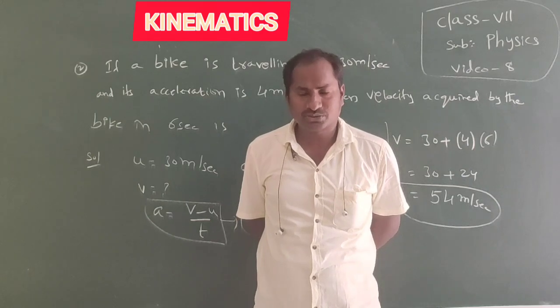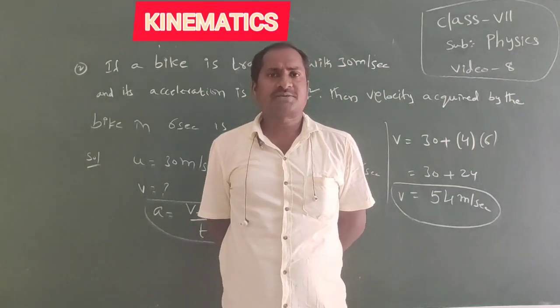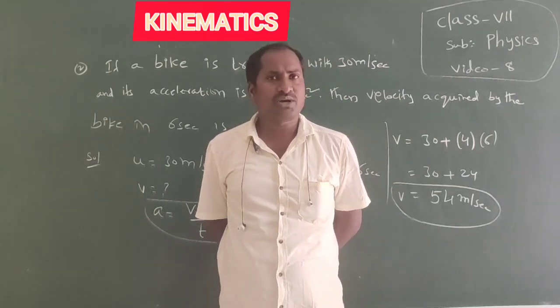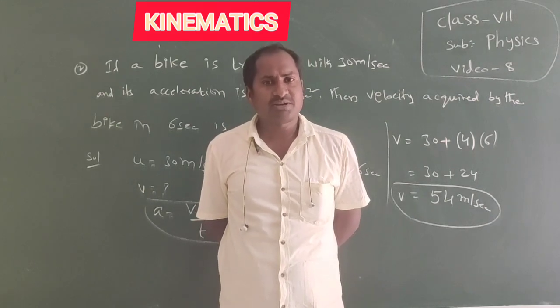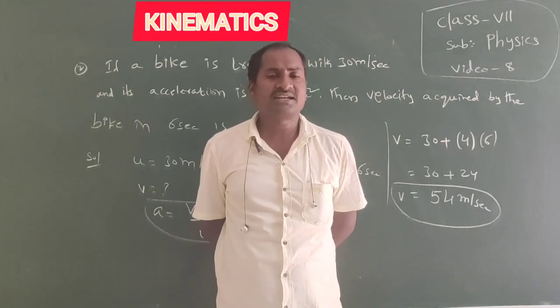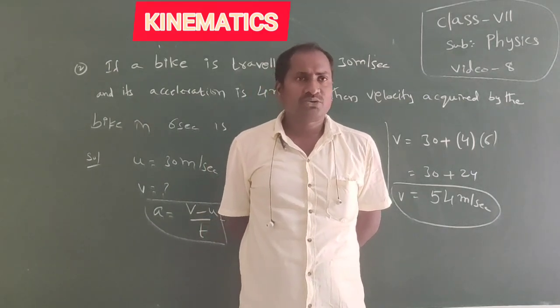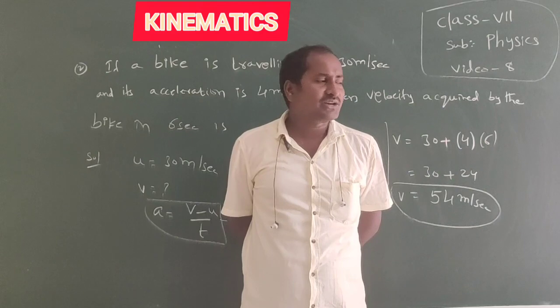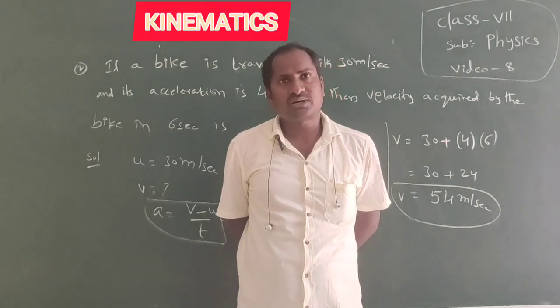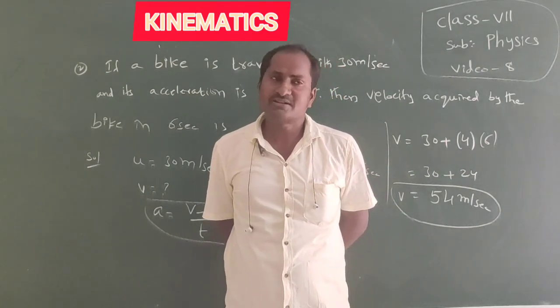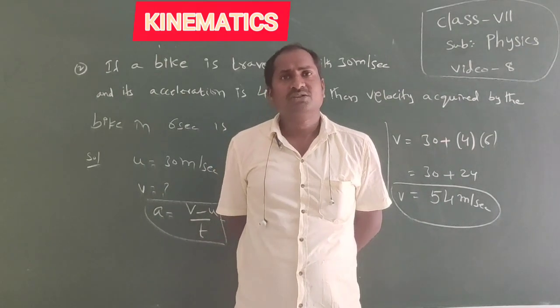Acceleration can be divided into three types: positive acceleration, negative acceleration, and zero acceleration. Positive acceleration means the rate of change of velocity increases with respect to time. Negative acceleration, which we can also call retardation, means the rate of change of velocity decreases.